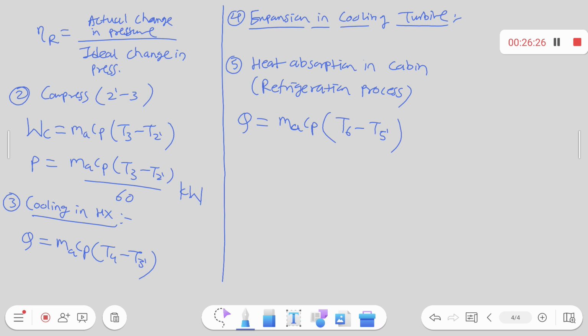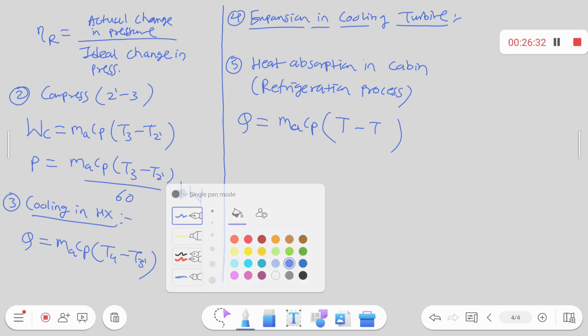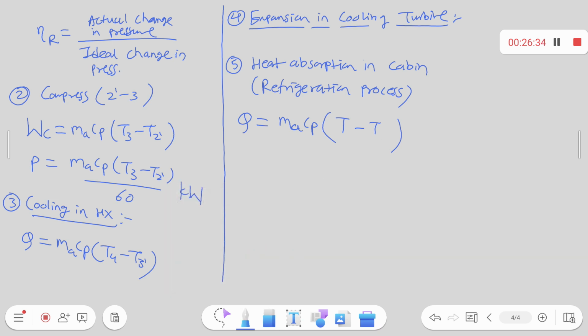Sorry, here it will be the opposite. T6 is higher.